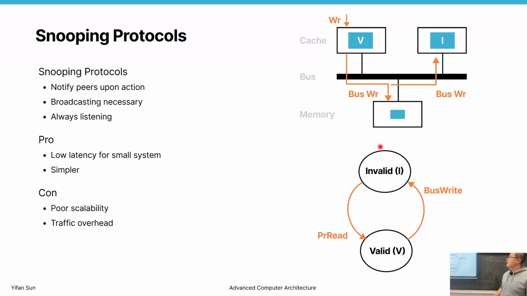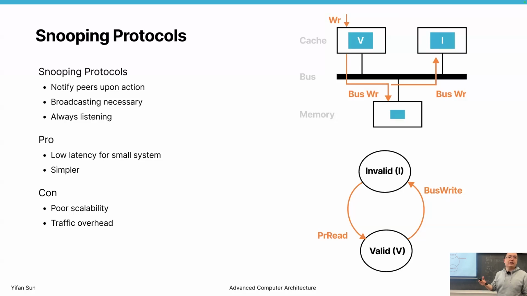Let me say again, the memory knows which cache has the data. So in this case, the memory knows, oh, there's a V and here's an I. The memory side needs to keep a directory to record all the cache status on every cache line. So whenever there's a write into this memory, we only need to send an invalidation to the cache that owns a copy of that cache line.